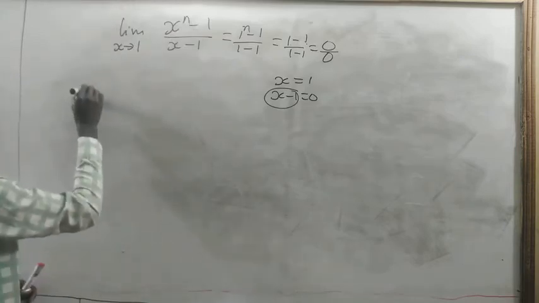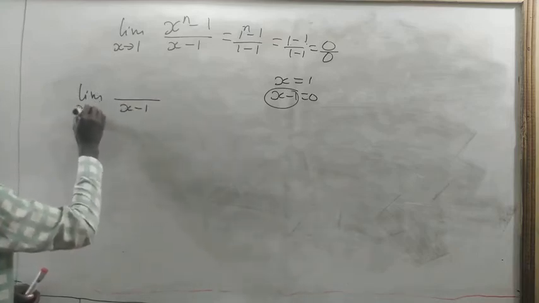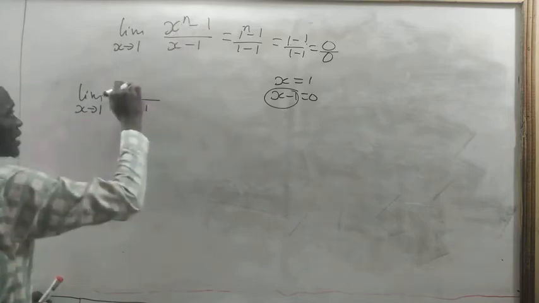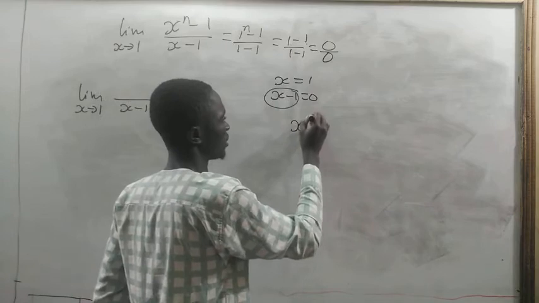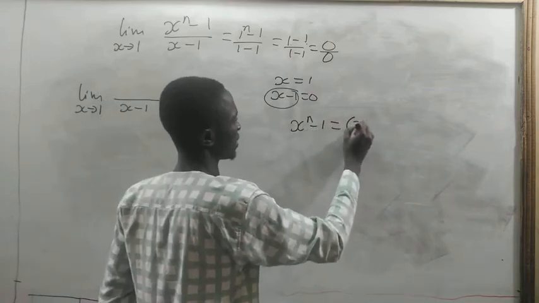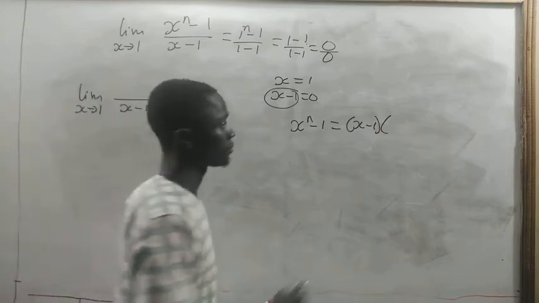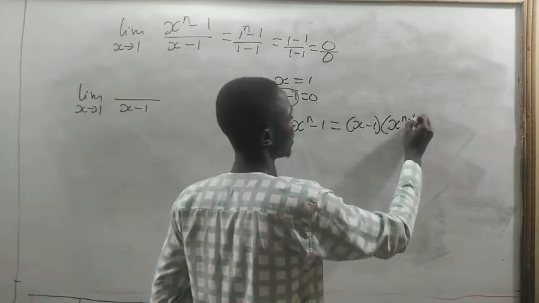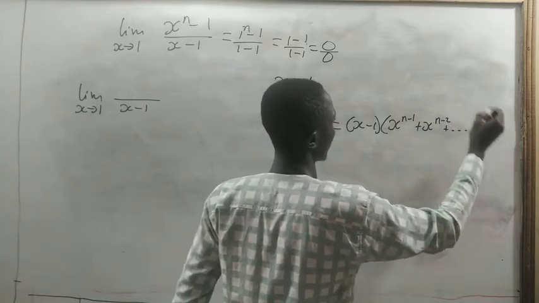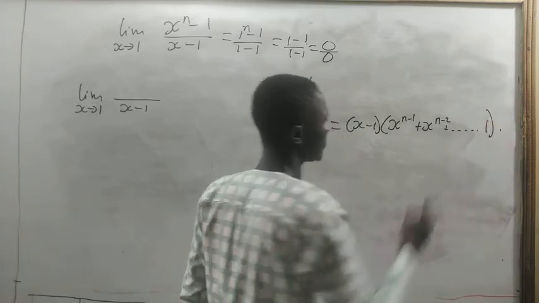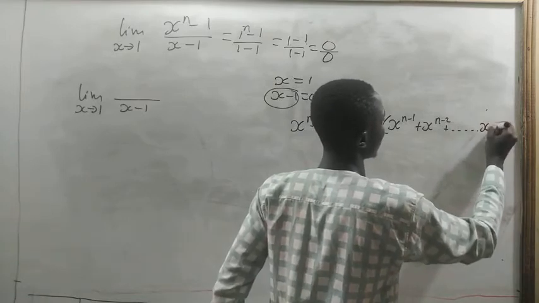So I'm going to put down the limit as x approaches 1. We are going to factorize it and then come and fill it here. If x to the power n minus 1 is expanded, it is x minus 1 times x exponent n minus 1 plus x exponent n minus 2 plus up to x plus 1. That is the expansion that I have there. Yeah, I forgot to bring x plus 1.